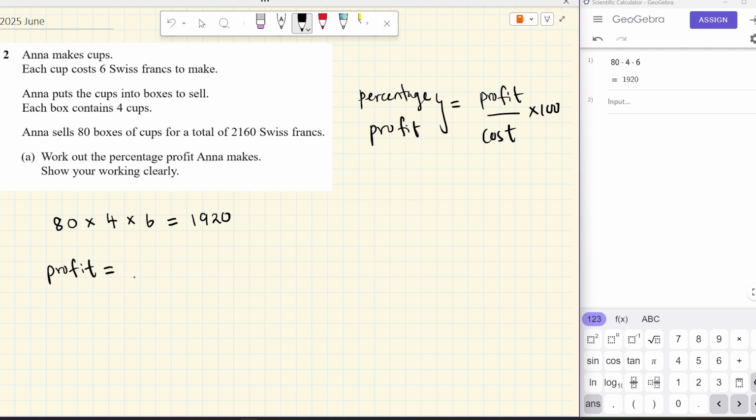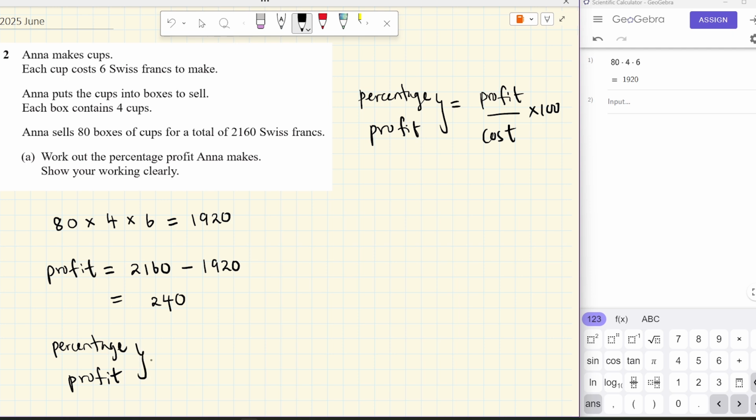Profit equals 2,160, that is the total selling price, minus total cost 1,920. You get 0, 6 minus 2, that is 4, 21 minus 19, that is 2, 240.